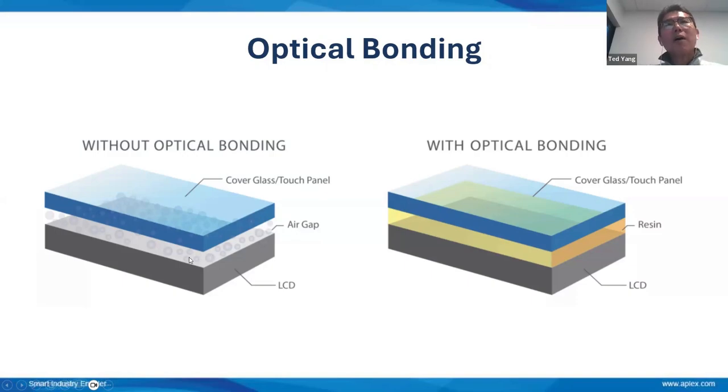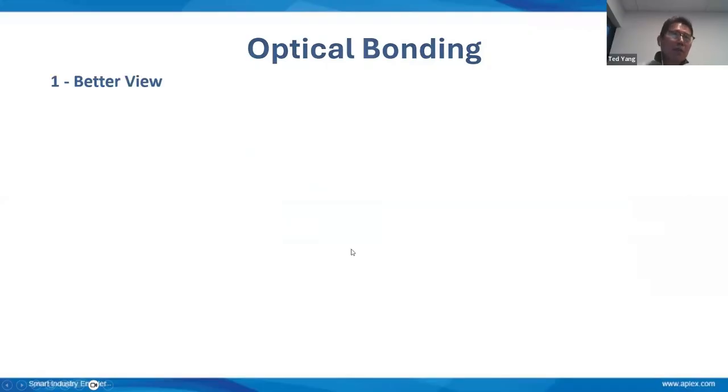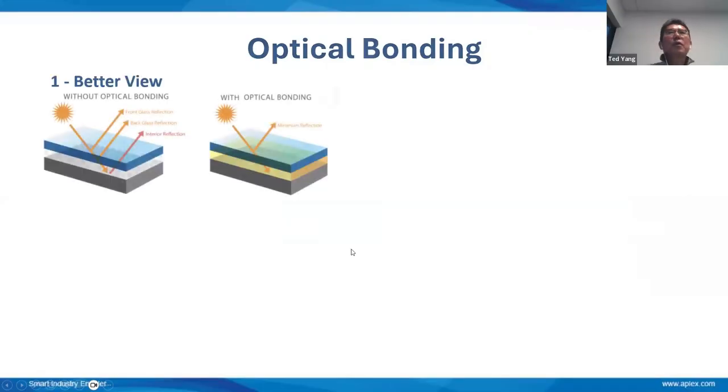Without the bonding, there will be an air gap in between. With the bonding, a resin will seal the touch glass and the LCD. That means there will be no more gap. So what's the benefit of optical bonding? First, better view.